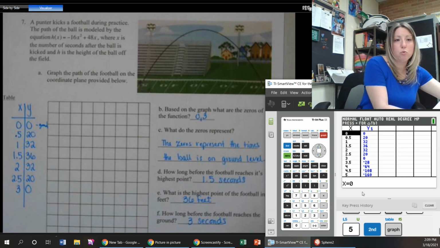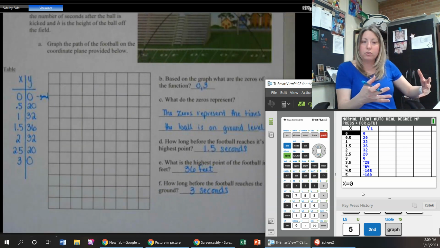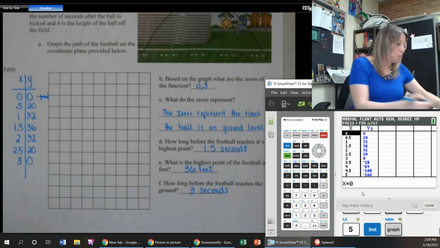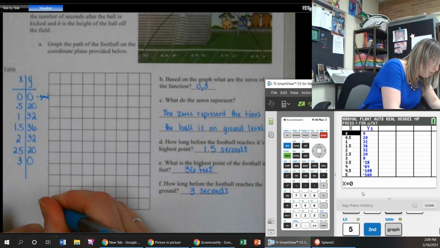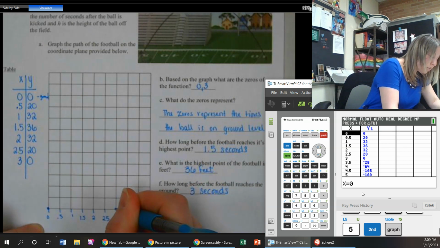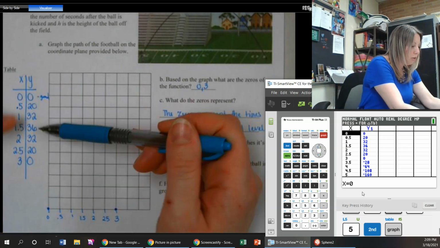So now what I'm going to do is looking at this graph, my quadrant 1 graph, this will be easy down here because I can just go by 0.5, 0, 0.5, 1, and then 1.5, and then 2, and then 2.5, and then 3 is where we're back on the ground, right? So we know these points right here. But going up the y's, I got to fit from 0 all the way up to 36.